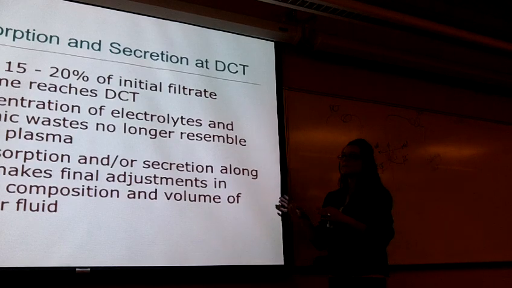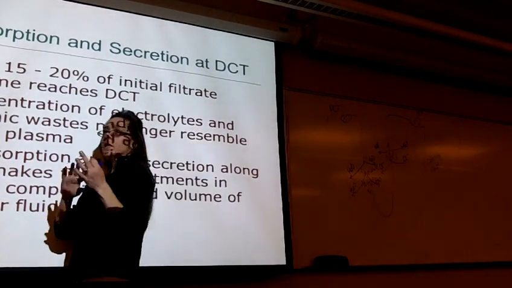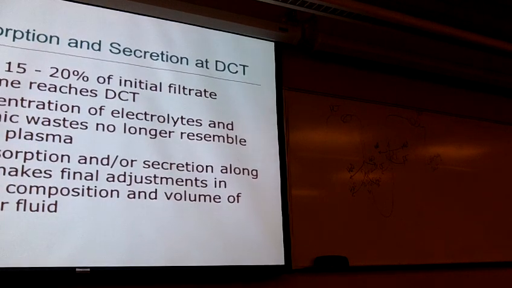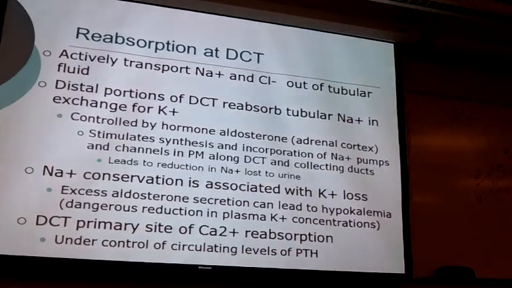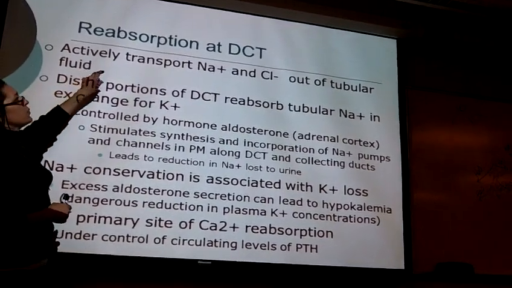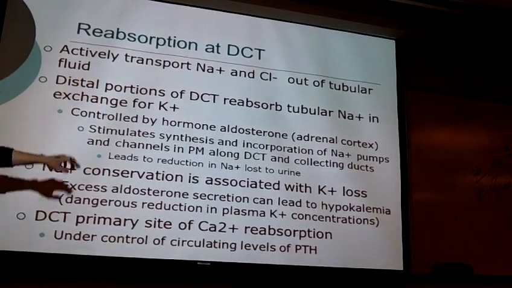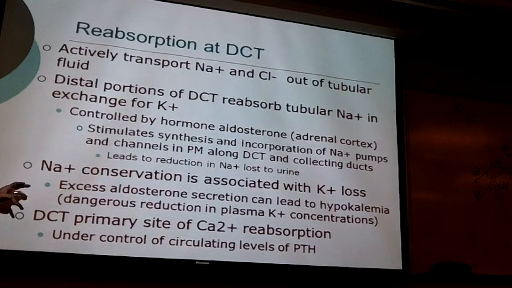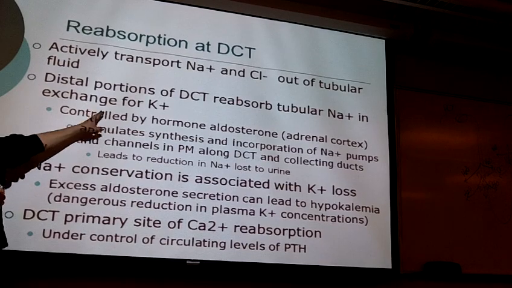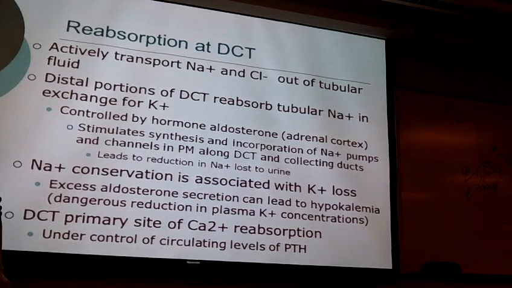But at the DCT and collecting ducts, we can change the number of transporters, we can change the number of pumps, and that will change how much reabsorption we have of this or that. Okay. So, at the DCT, we're going to actively transport sodium and chloride. We're also going to, if we're reabsorbing sodium, that means we're going to be secreting potassium.